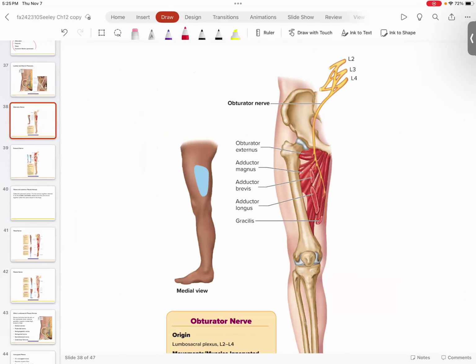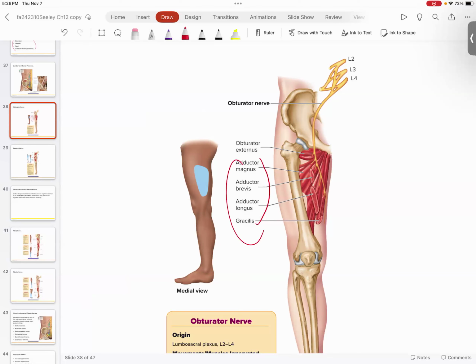When you take a look at your L2, L3, and L4 cords, we're going to start off with the obturator. The obturator branches off of L4 and innervates, going down through your hip and moving into the major medial adductors.